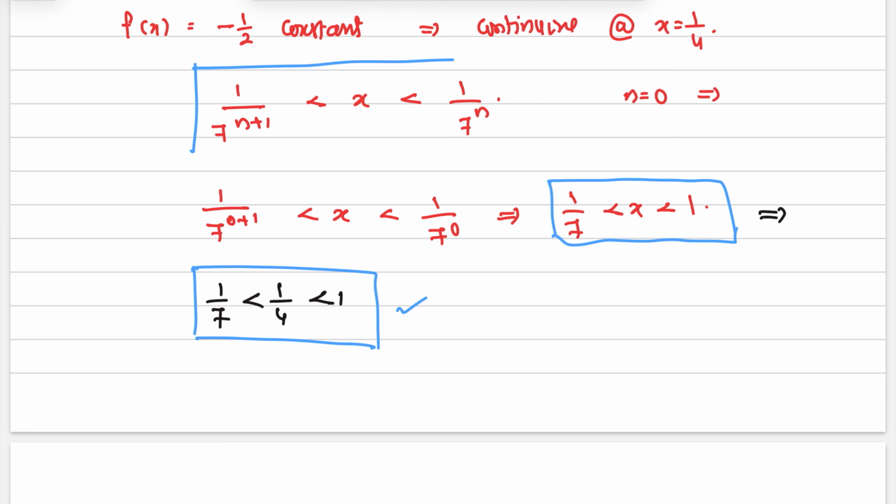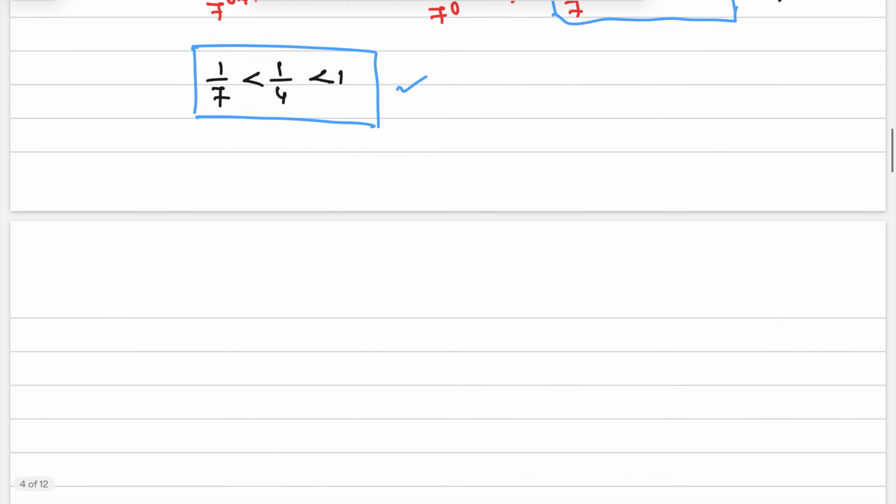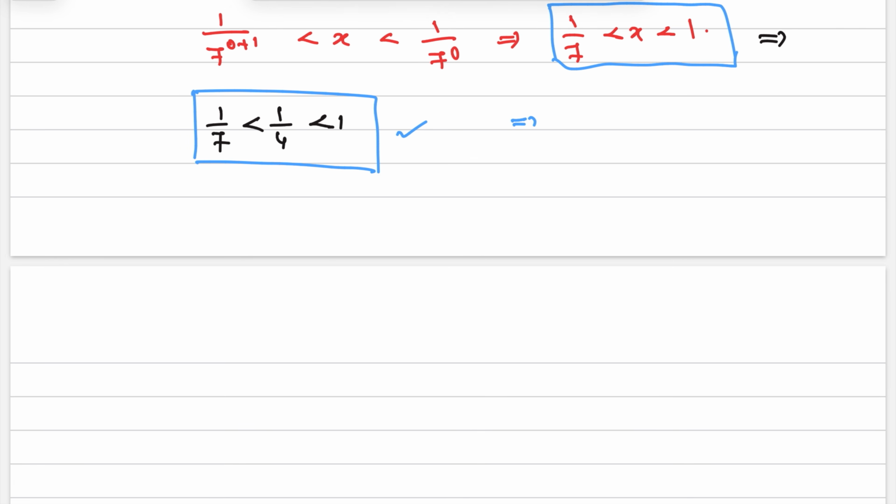This is the condition given for the value of x. X should be between 1 by 7 to the power of n plus 1 and 1 by 7 to the power of n. When n is equal to 0, this fits in. Now, next is, that means it is continuous.